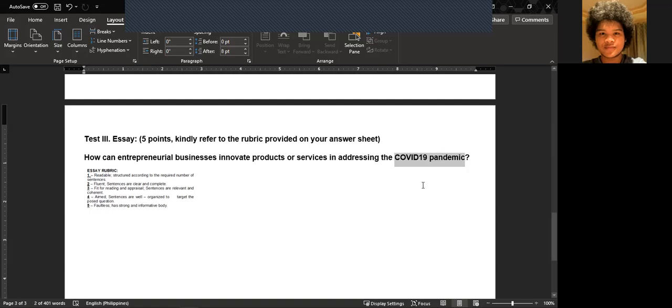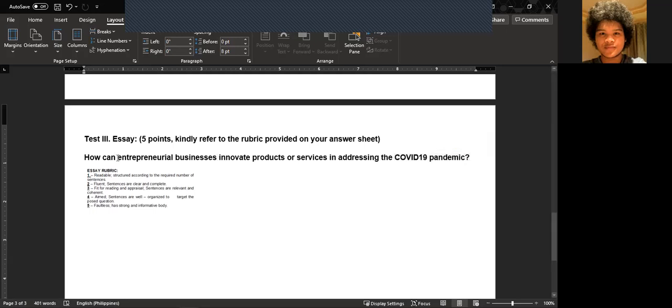In this level of question, we allow students first to be aware of the socio-economic conditions under the COVID-19 pandemic.